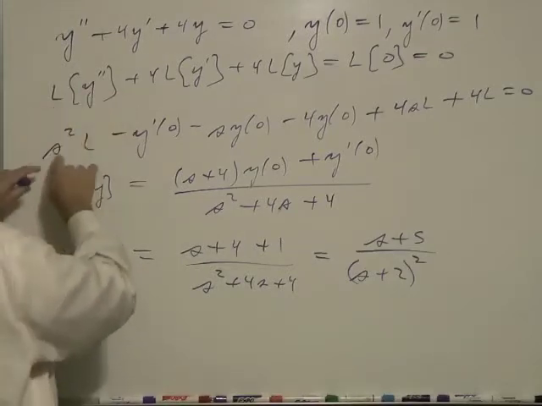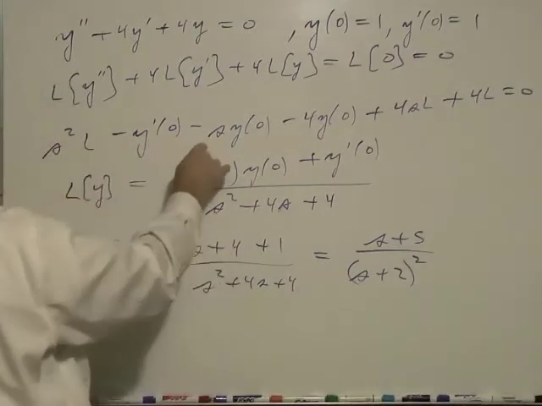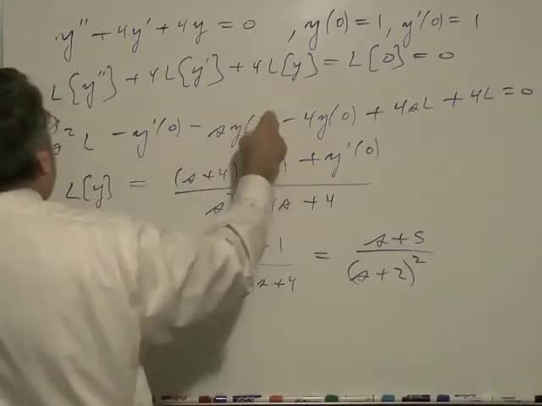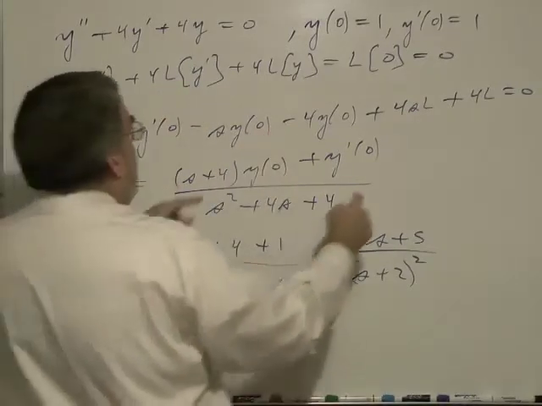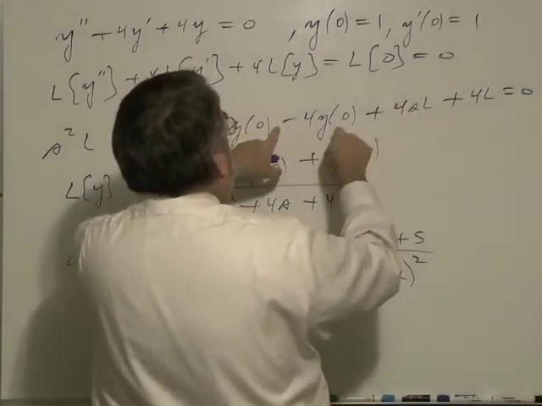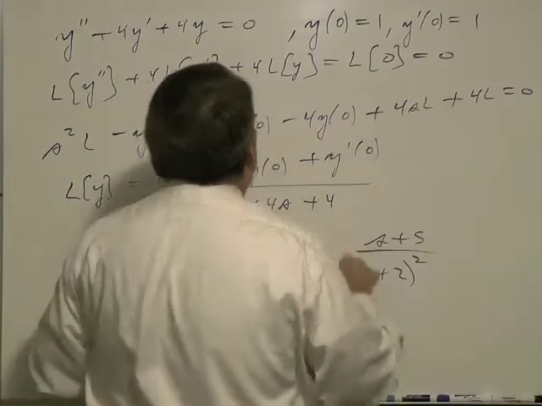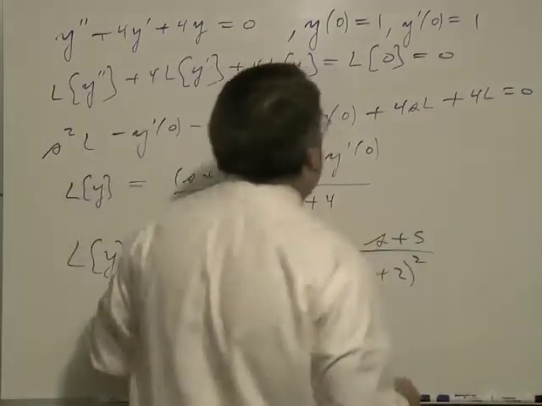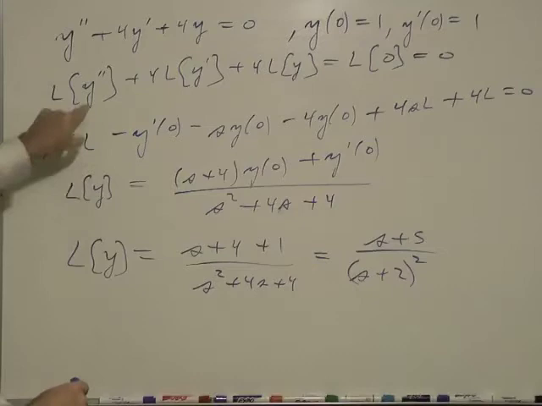L of y double prime is s squared L minus y prime at 0 minus s y at 0. So here is L of y double prime plus 4 times L of y prime, which is 4 times minus 4y at 0 plus s times L. And then here's 4L equals 0. So here I took the shortcut of just writing L to represent L of y.